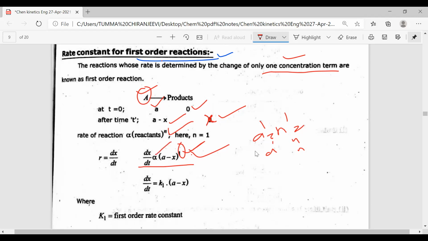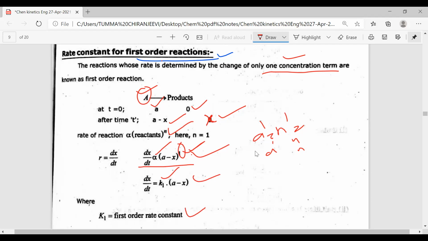After removing the proportionality, we can keep a constant, that is k1. Here it is a constant. After removing it, we get dx by dt is equal to k1 into (a minus x). Here k1 is known as the first order rate constant.